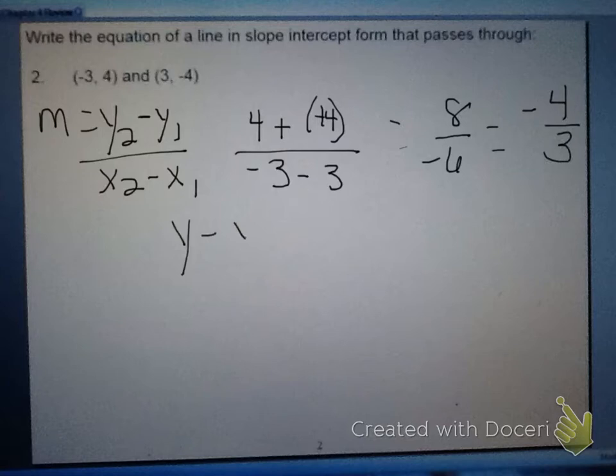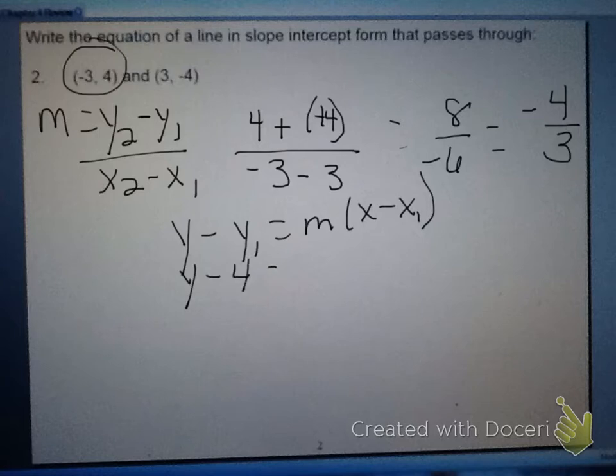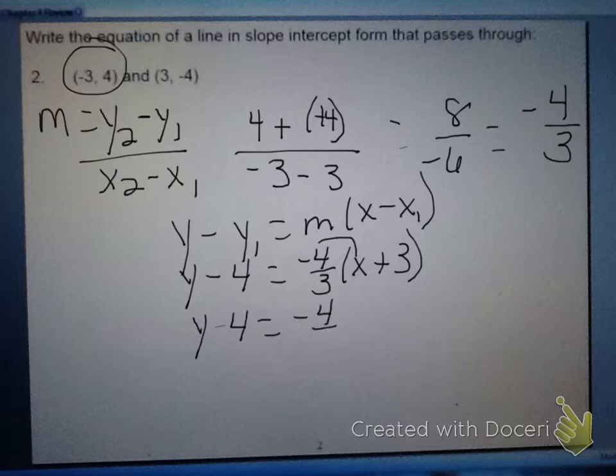Now I'm going to put it in the point slope formula. So that's y minus, I'm going to use the first point, 4 is equal to m, which is negative 4/3, times x minus a negative 3, which is plus 3. Now I'm going to do the distributive property. So that's negative 4/3 x, and negative 4/3 times a positive 3, that's a negative.